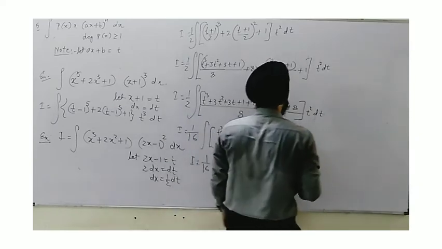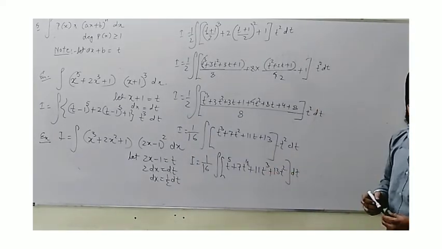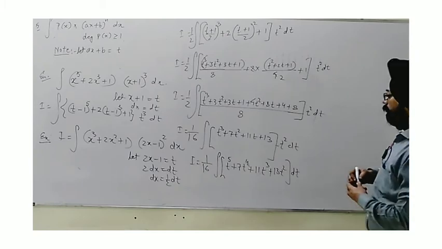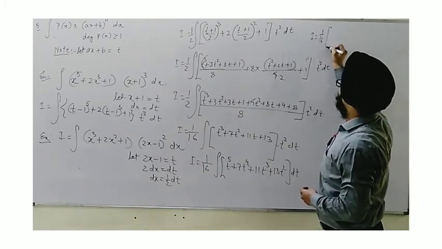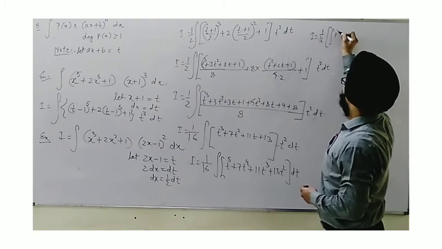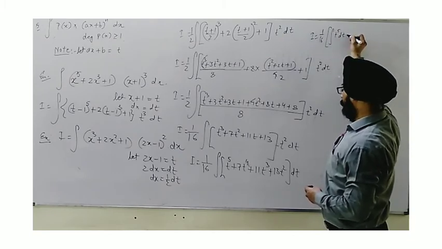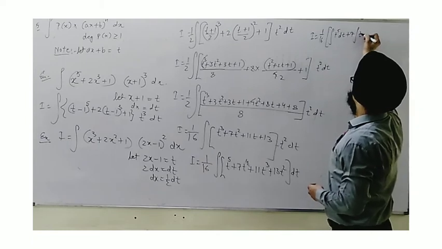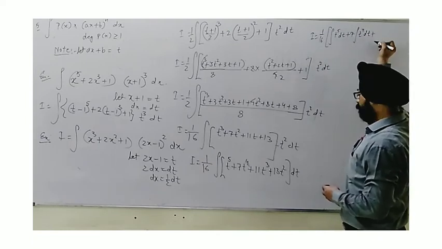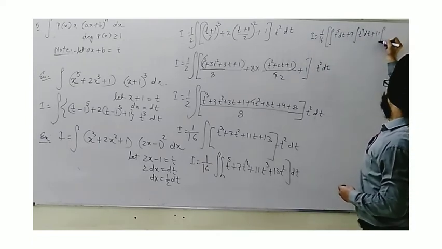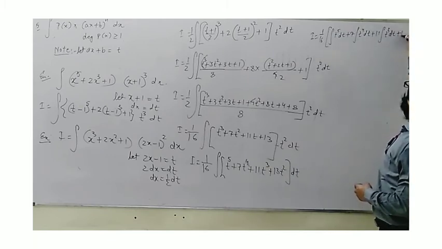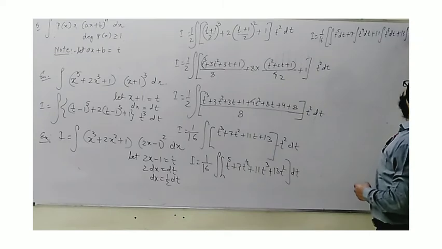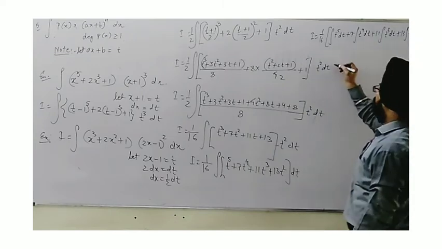After this, each term can be separated and solved using the fundamental formulas. So I is 1 by 16 times the integration of t to the power 6, of t to the power 5, of t to the power 4 and of t cube. So it's a long expression we have obtained.